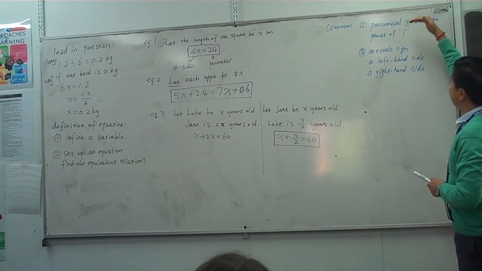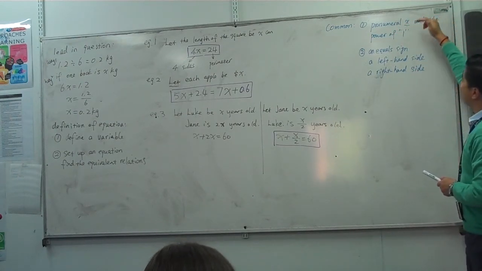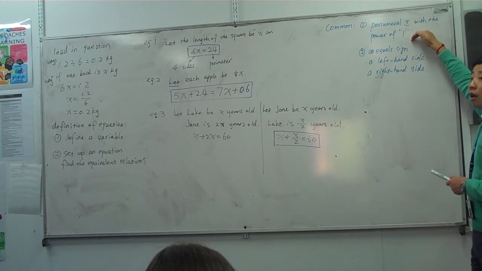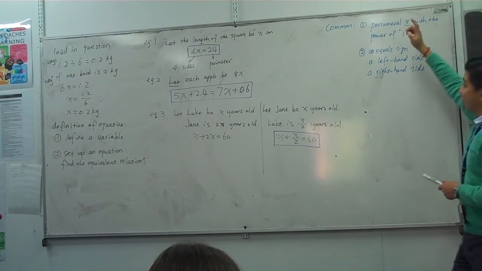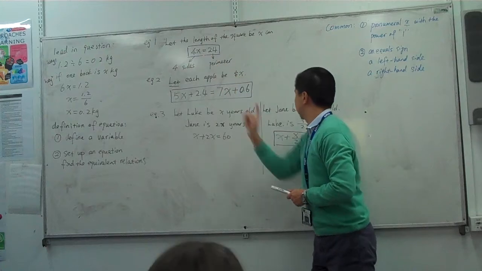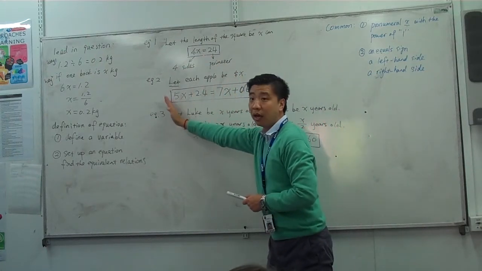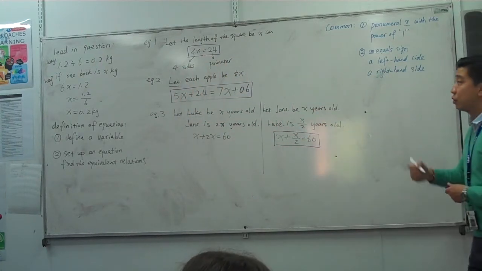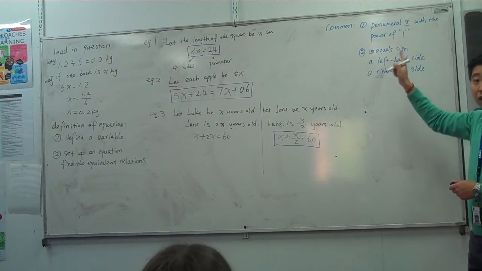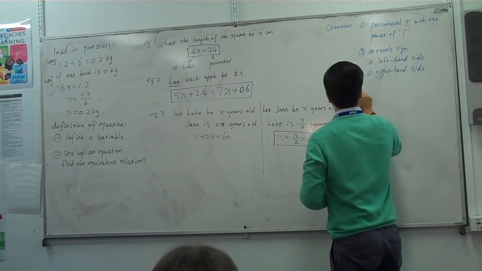If you have the pronumeral x and the power of x is 1, and also you have the equal sign with the left-hand side and right-hand side, so we call this a linear equation.